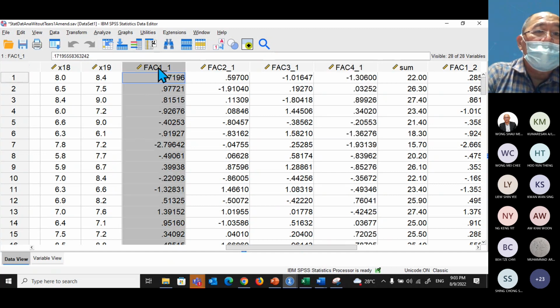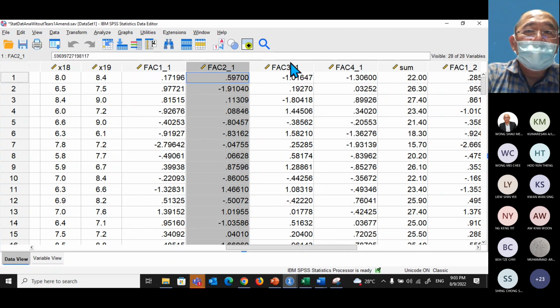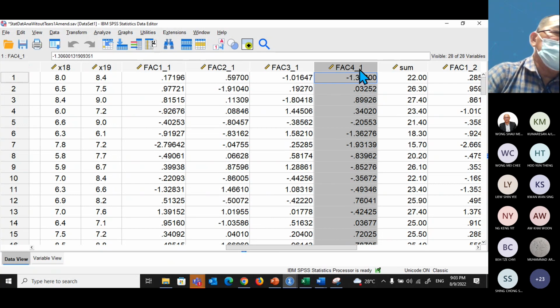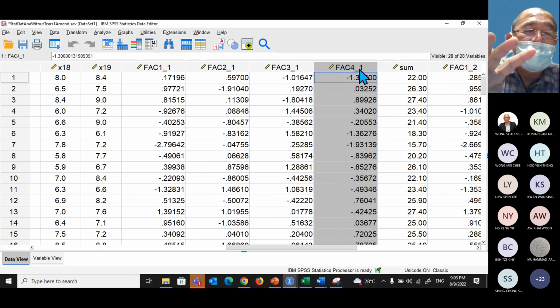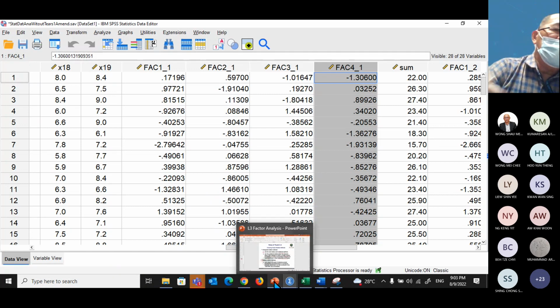So you can use these four columns to do further data analysis, for example in multiple linear regression. This is how you can link factor analysis with other methods. Of course, you can also use it in structural equation modeling or logistic regression.